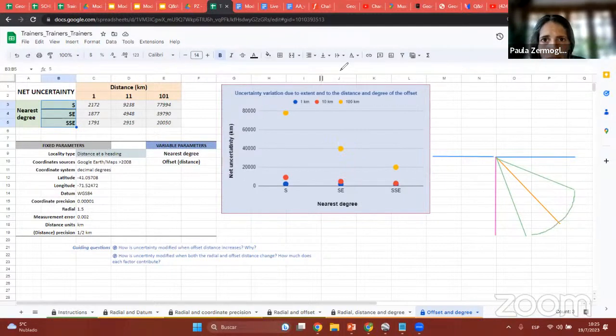Check the previous one, I'll draw it again. I should have kept it there. The error associated with south was this, from here to here, that's south. Saying southeast is much smaller.